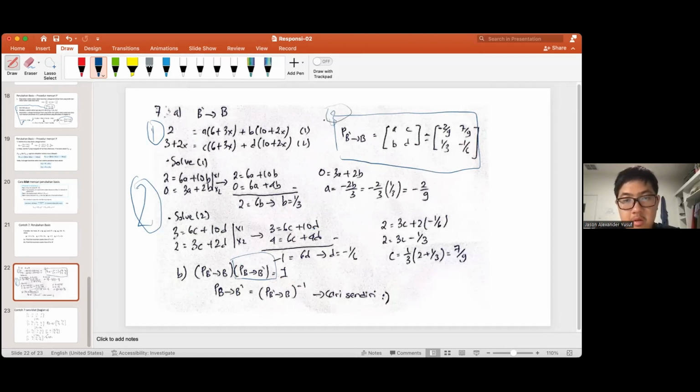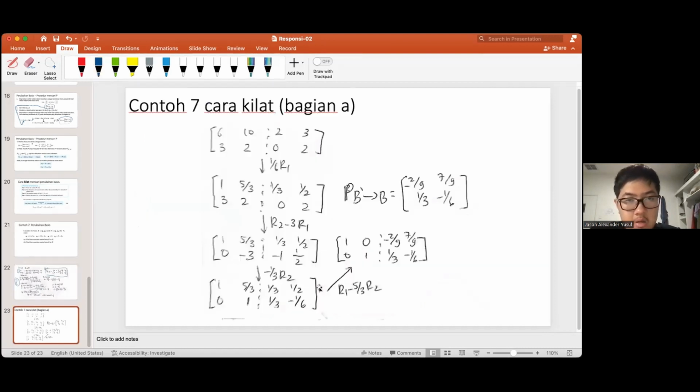So step 3. However, since we do not have enough time, I'm just going to leave it here. And this is the fast way to find part A.